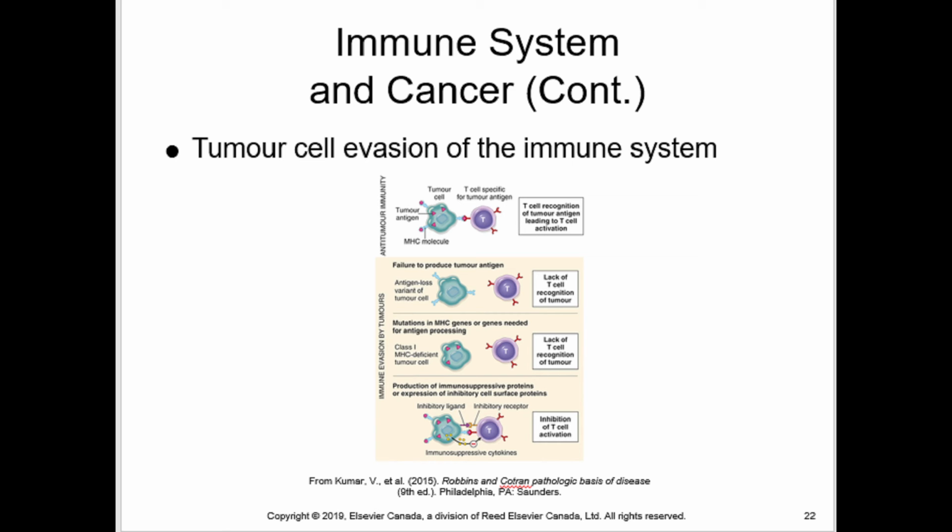However, there are cases where abnormal cells, such as cancerous cells, can go under the radar. They can go undetected and avoid the typical immune responses that would prevent the proliferation of malignant tumors.